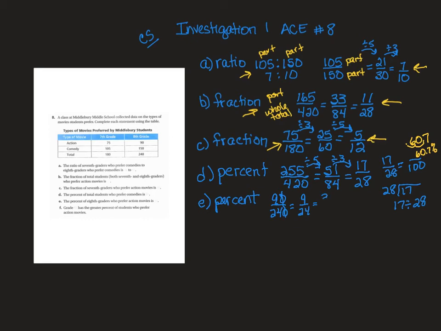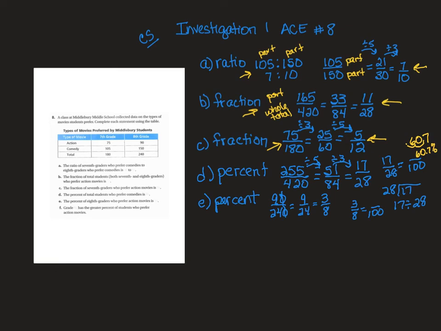9 divided by 3 is 3. 24 divided by 3 is 8. Okay, now remember that I have to change it to a percent. That's what's being asked. So I could set it up as a proportion, which would be 3/8 equals something over 100.